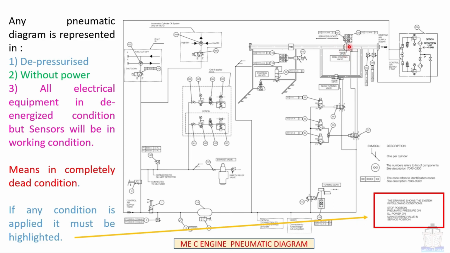This main starting air valve is in service position. So in this case some conditions are already described. If these conditions had not been there, we would have assumed that the standard condition must be applied in this pneumatic diagram. I hope this is clear.